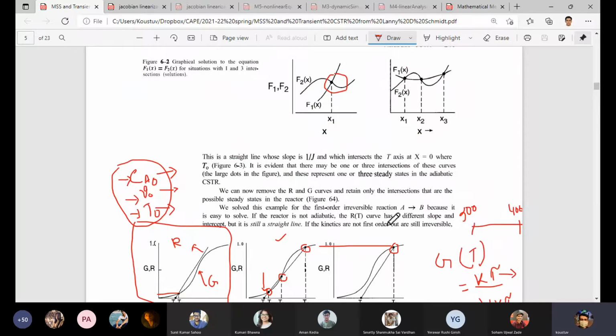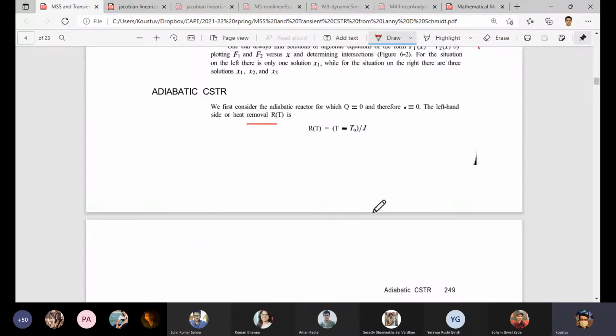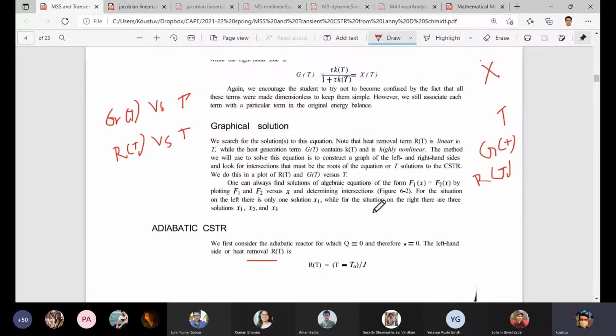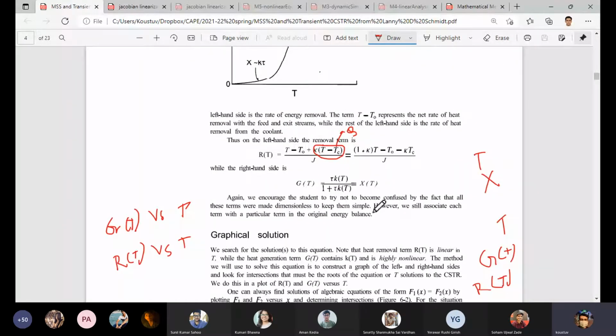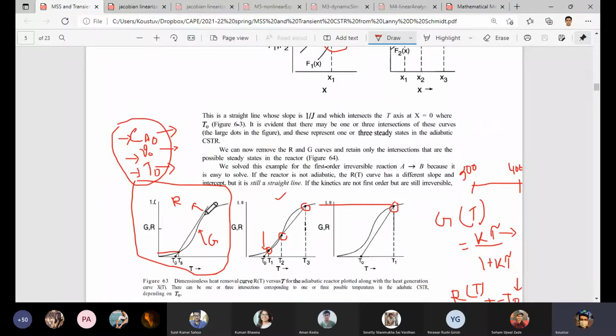Okay, so what we were talking about last week is that we had derived this sort of graphical analysis, and we found that the two curves cross each other depending on the inlet values of the feed temperature or concentration, volumetric flow rate. These are all inlet parameters associated with the streams.